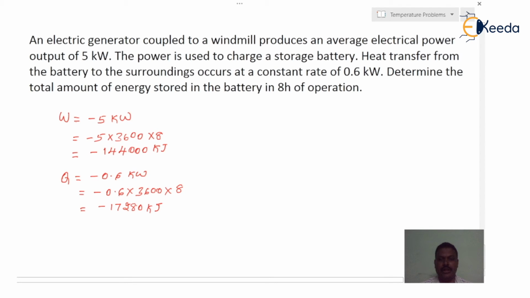So we should find the total amount of energy stored in the battery, that is, delta E has to be calculated.